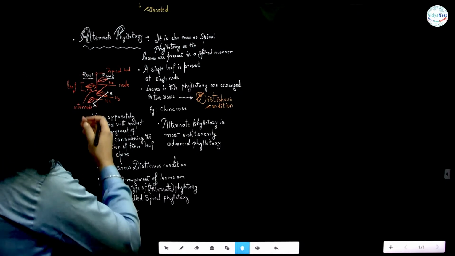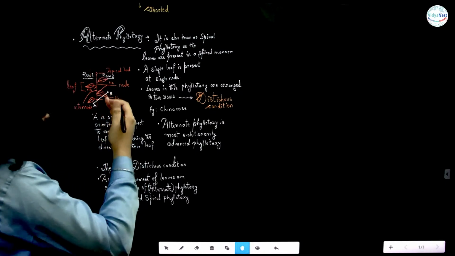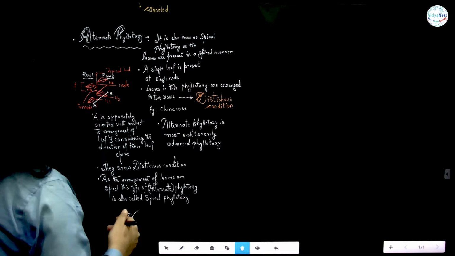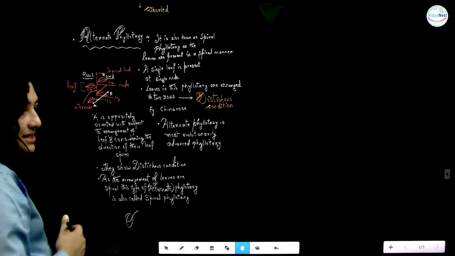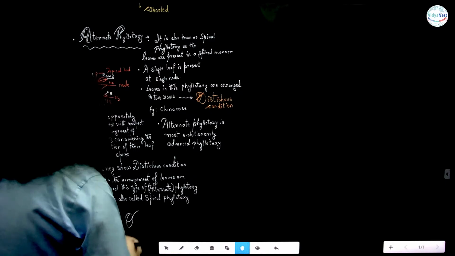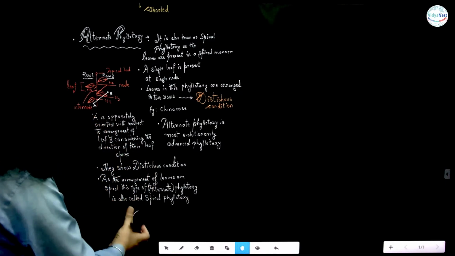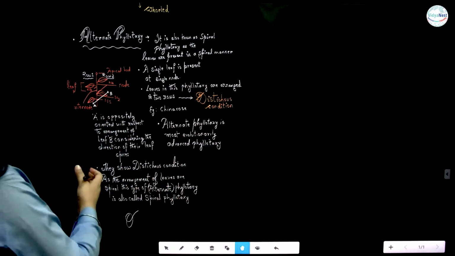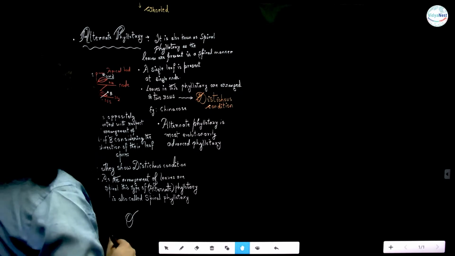When the leaves are arranged on the axis, whether it is stem or its branches, in two different rows, this type of arrangement is known as distichous condition. So here distichous condition is observed. One of the most common plants which shows this type of arrangement is China rose, Hibiscus rosa-sinensis.